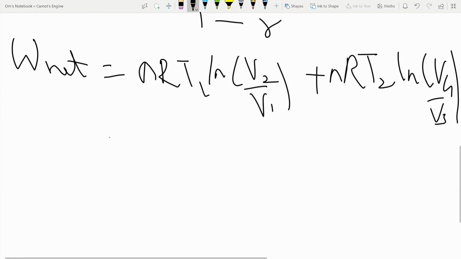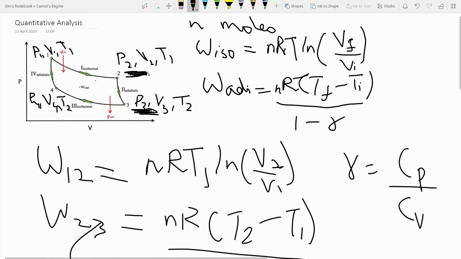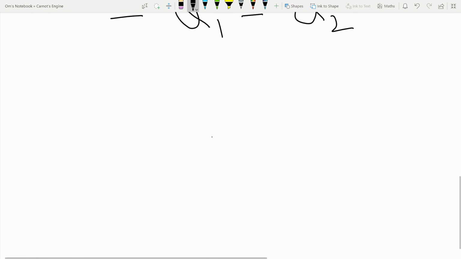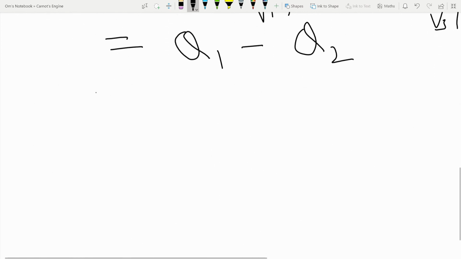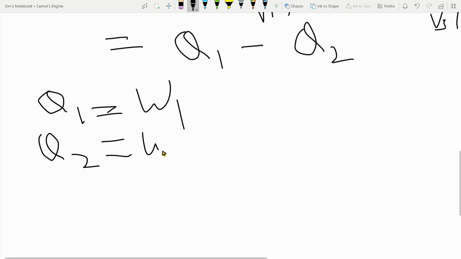And you can also write this as Q1 minus Q2. And why is that? Okay, so like I said, these two are isothermal processes, right? So the delta U for these processes is 0. So from the first law of thermodynamics, we have Q1 is equal to work 1 and Q2 is equal to work 2.